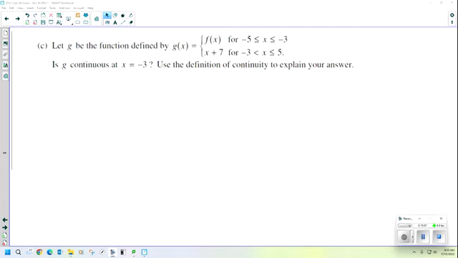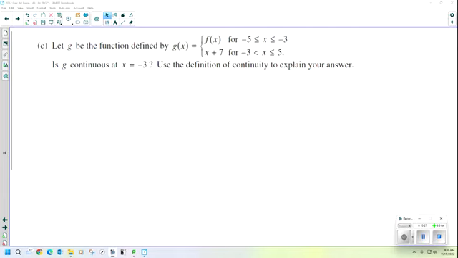So we're going to have to show some work, and we're going to have to use some words to explain this answer. Now, we cannot just use a graph because it says use the definition of continuity.